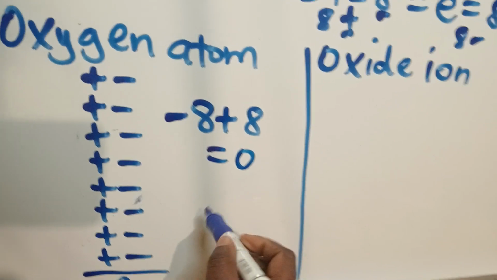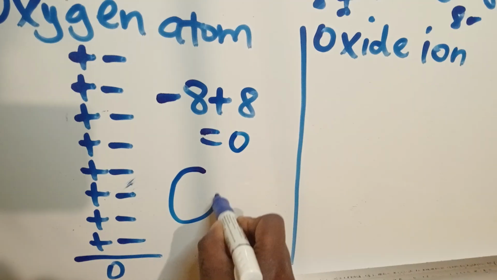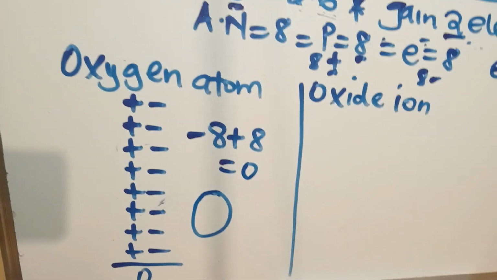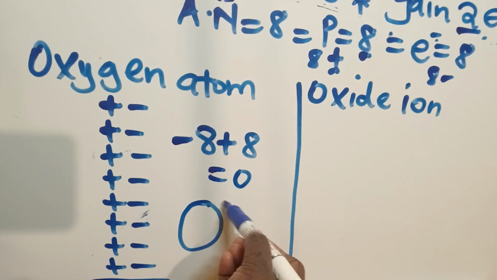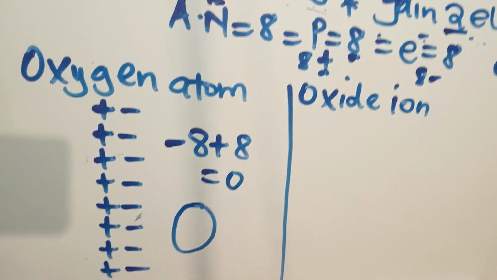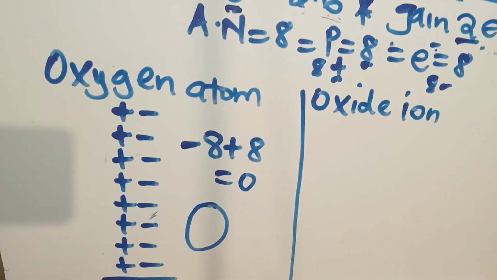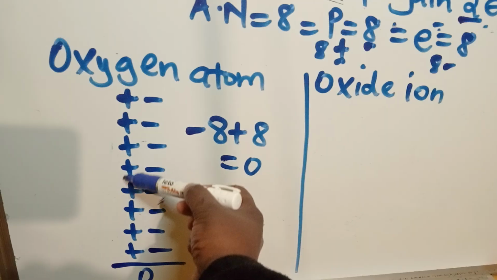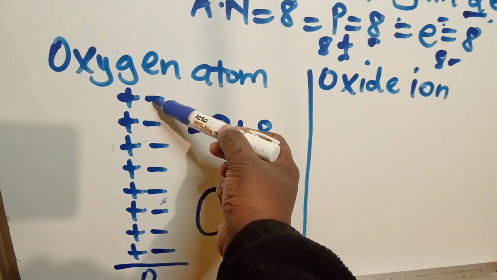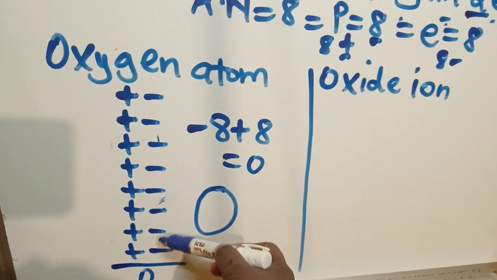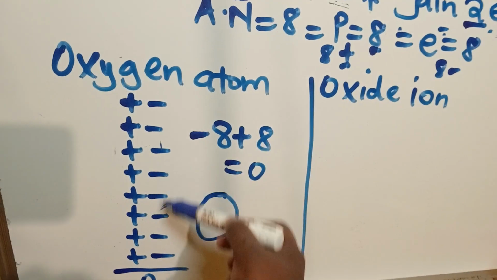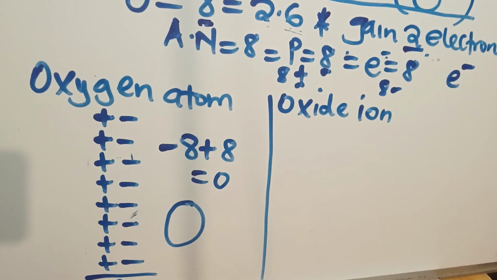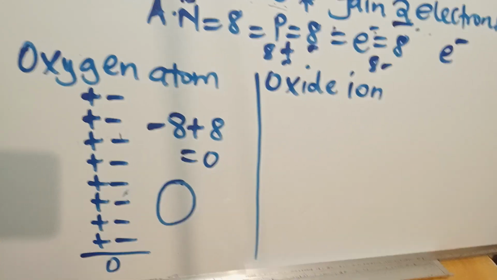So the formula for the oxygen atom is capital O, and no charge on top, because the 0 meant that it is neutral. Remember, for any given atom, the number of protons, which are the positives, and the number of electrons, which are the negatives, are equal, and that is what makes an atom to become electrically neutral.